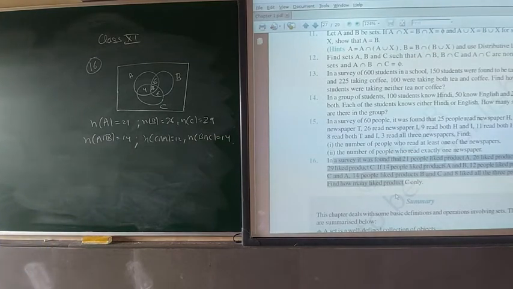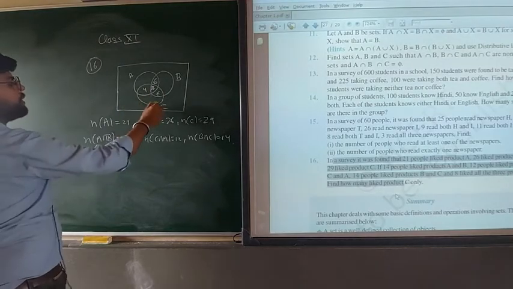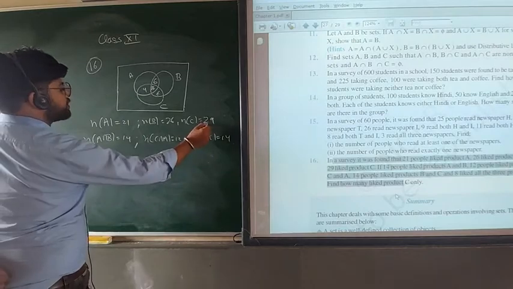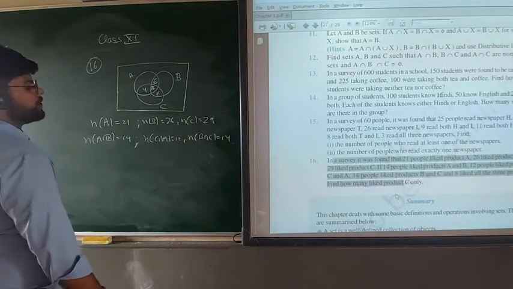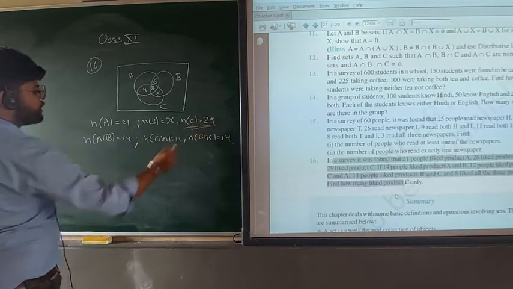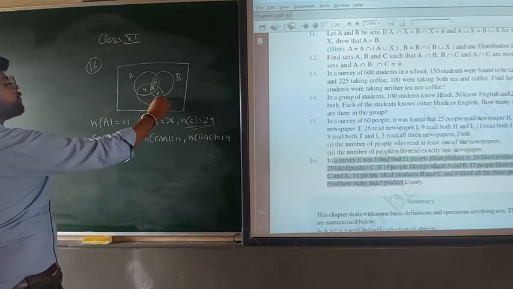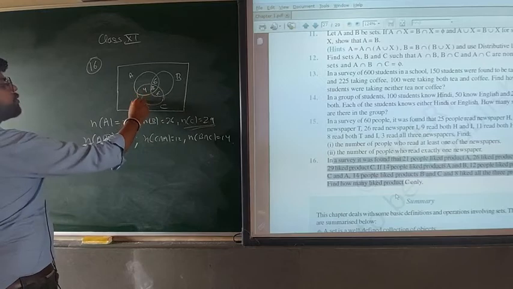So now we have to find how many like product C only. This only we have to find. So how many are there in product C? 29 are there in total. Out of 29, these will not count, because I want this part only.